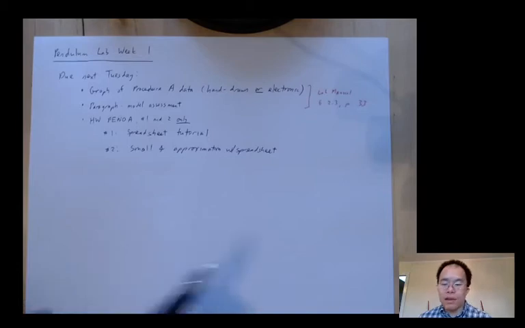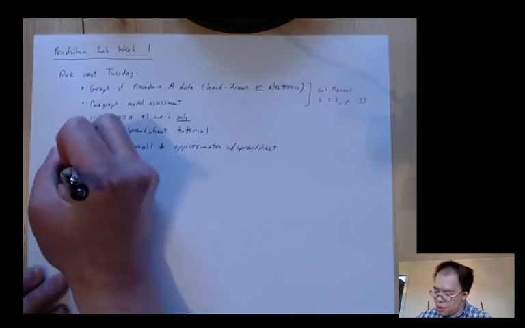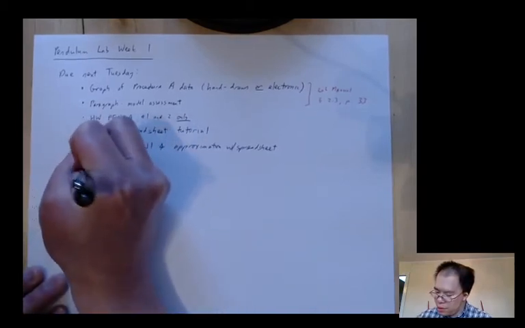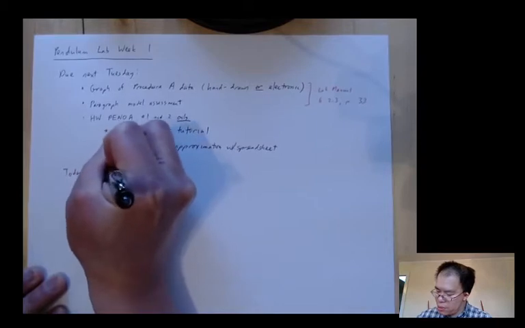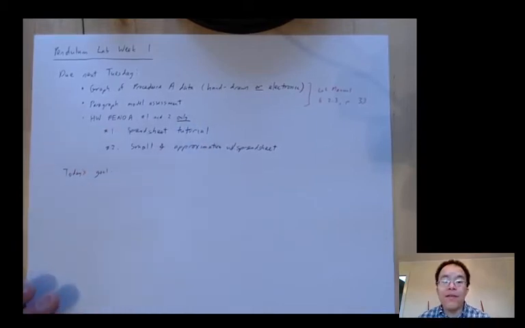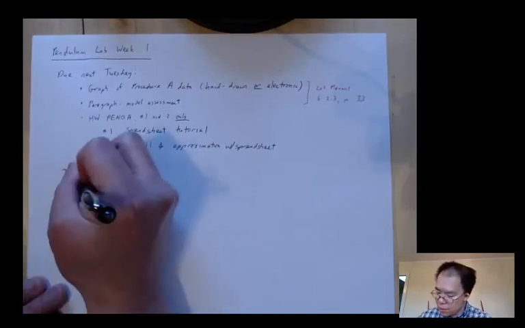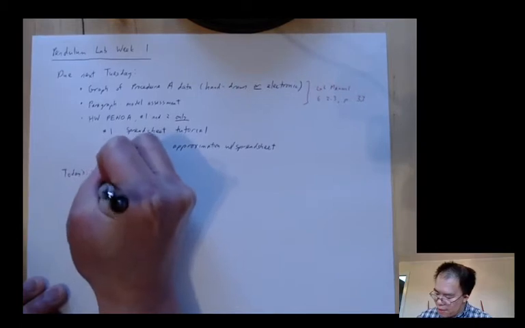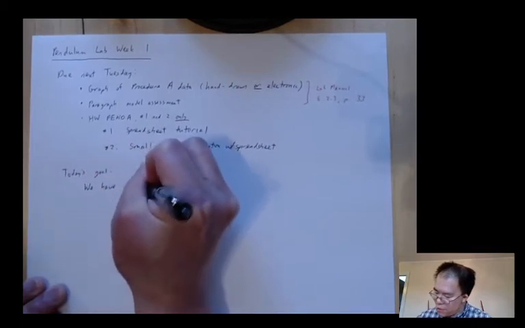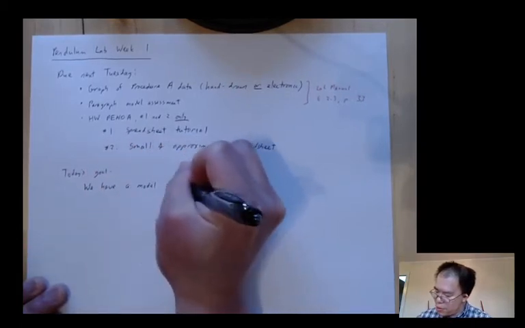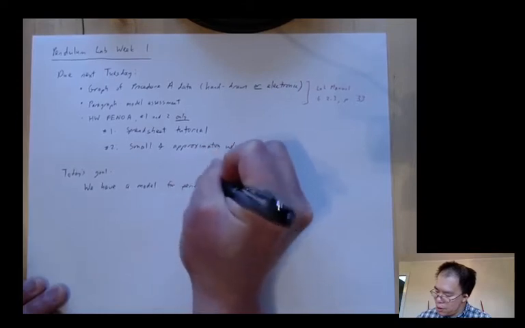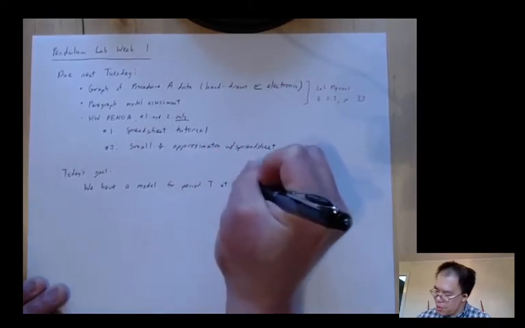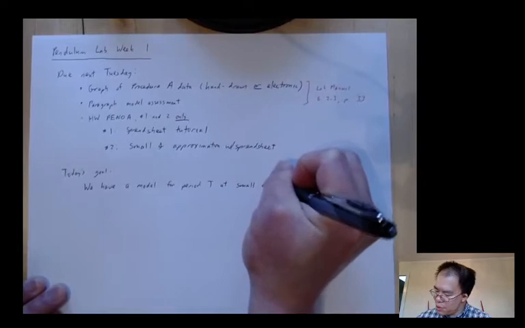So just one thing about today's goal. We have a model for the behavior of the period of a pendulum at small angles. So we have a model for period T at small angles.